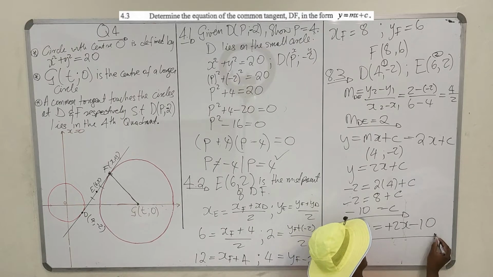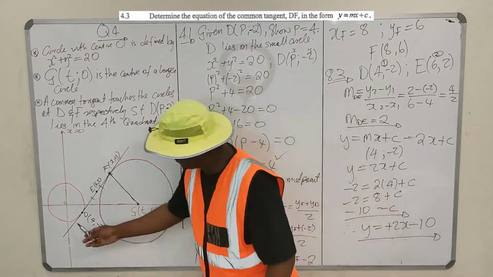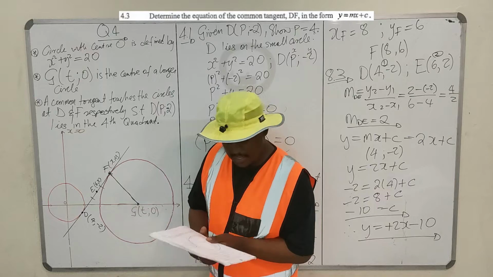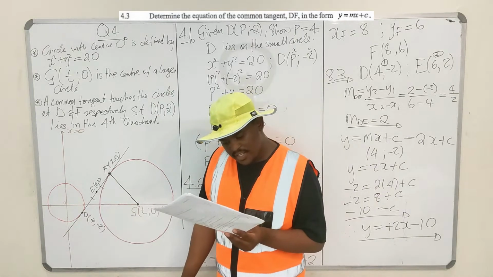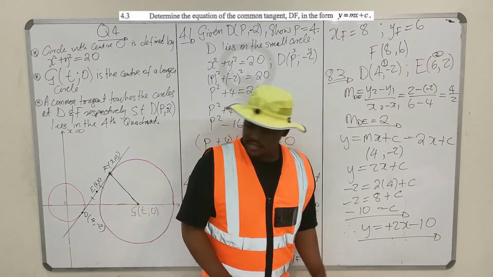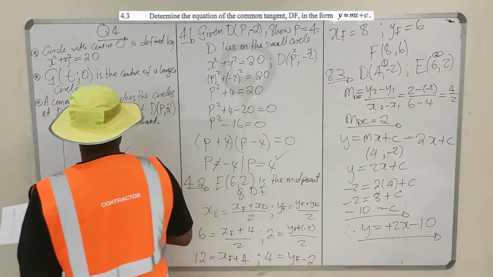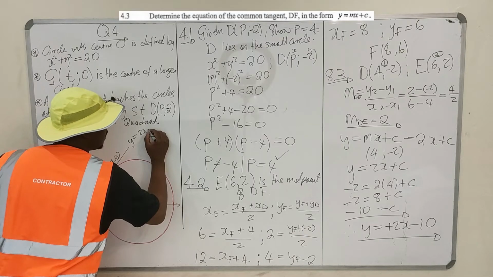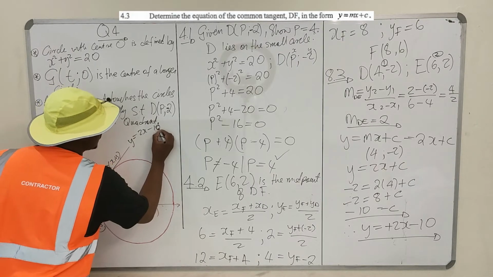So this is the equation of this line here, of this tangent of yours, because they said determine the equation of the common tangent DF in the form. So here is our equation of the tangent. I'll write here y is equal to 2x minus 10. So this is the equation of our tangent.